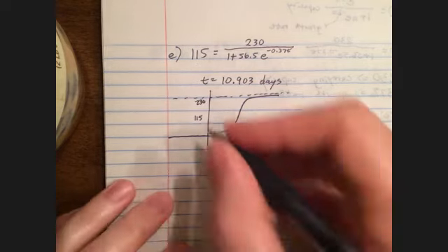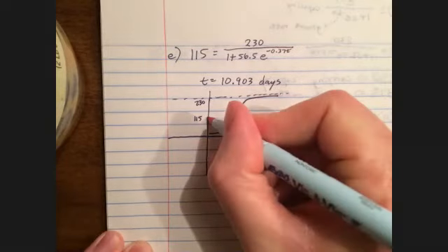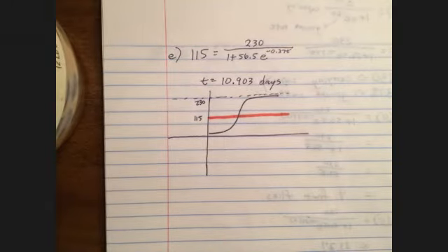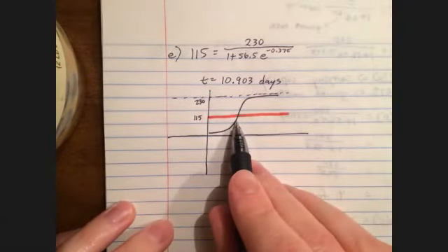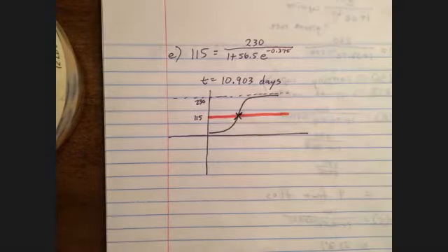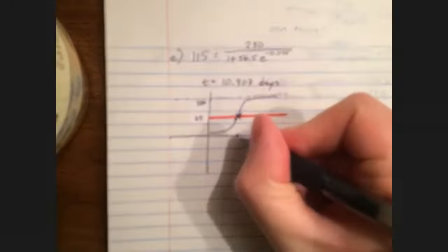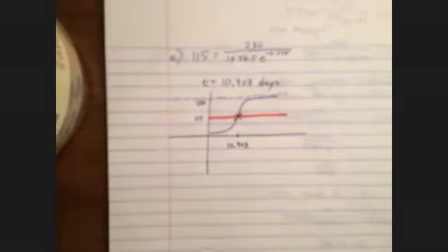So you would get a line, just a different color, going right through our curve. And once again, I know you can solve this algebraically, but I'm just looking for one little concept, and a graph is going to do it for us. You can see that's where those intersect. When we know the y value 115, the x value down here would be the 10.903 that we just now found.